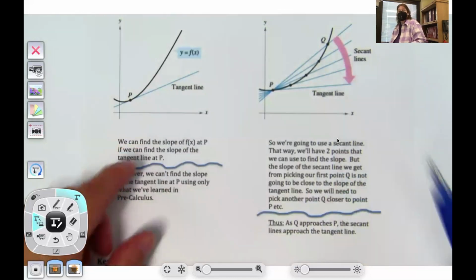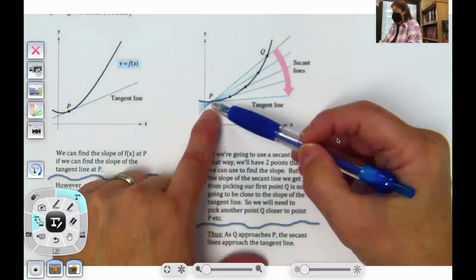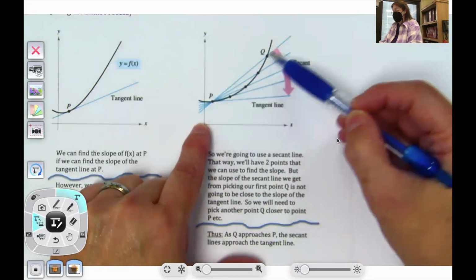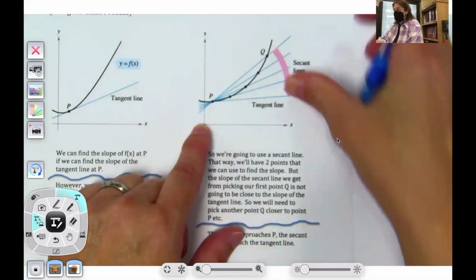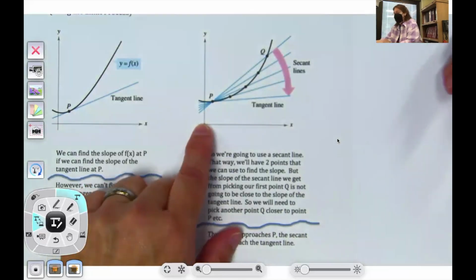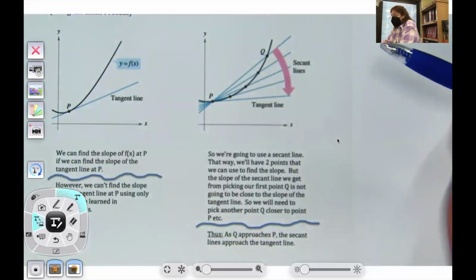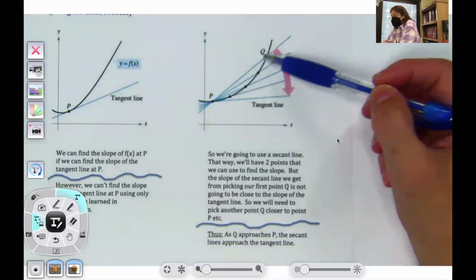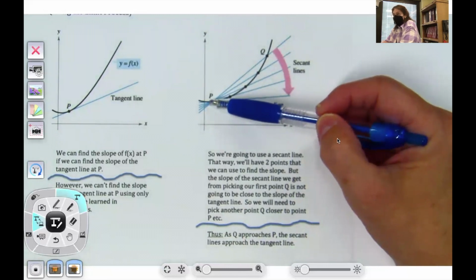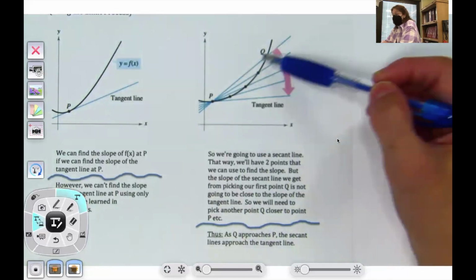Now, let's take a look at this over here. If I pick a random point Q and I draw a line through it, what kind of line is that? It's a secant line, because it goes through 2 points on that curve, right? With this being a secant line, and I know this point because I know the x and the y, because I know the value of the function, can I calculate the slope of the secant line?